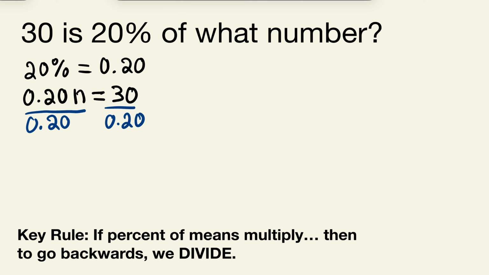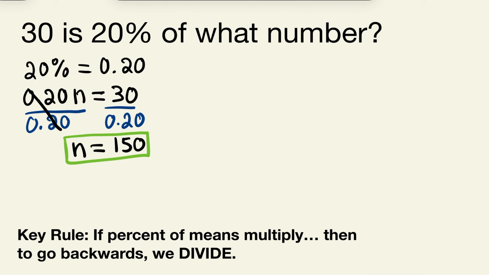Notice that the 0.20 cancels out on the left, and we are left with n equals 30 divided by 0.20, which is 150. So to answer the question, 30 is 20% of what number? Well, 30 is 20% of 150, and that is the final answer.